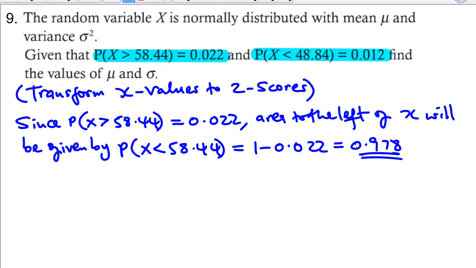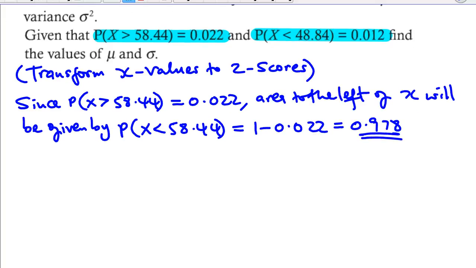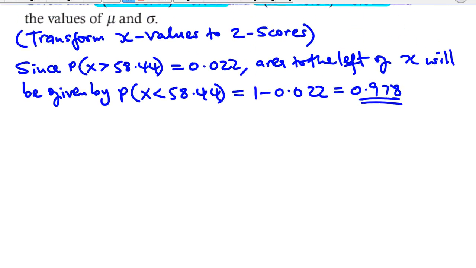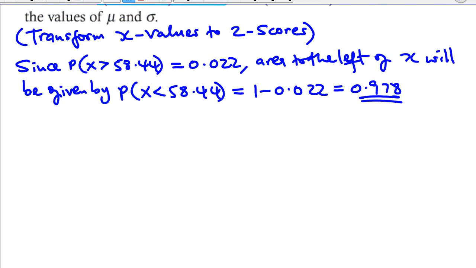All right. So the area under the curve is equal to 1. And if you want to find the area on the other side, you just subtract from 1. Okay. And then we can now convert this to a z-score.